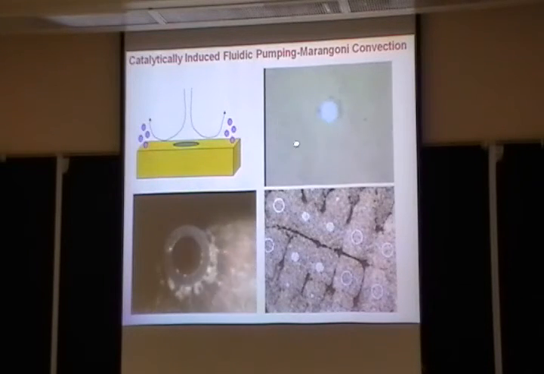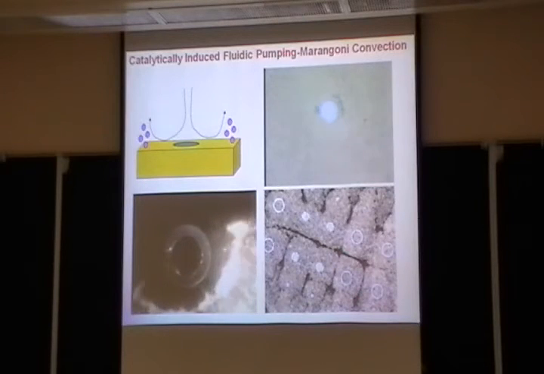And you can clearly see the tracers moving back and forth. In fact, if you focus down, you will see that one set is out of focus and the other set is more in focus. So they're coming in, they're moving out, and one is in focus and the other one is not. They come at different levels. And you can make patterns and so on.